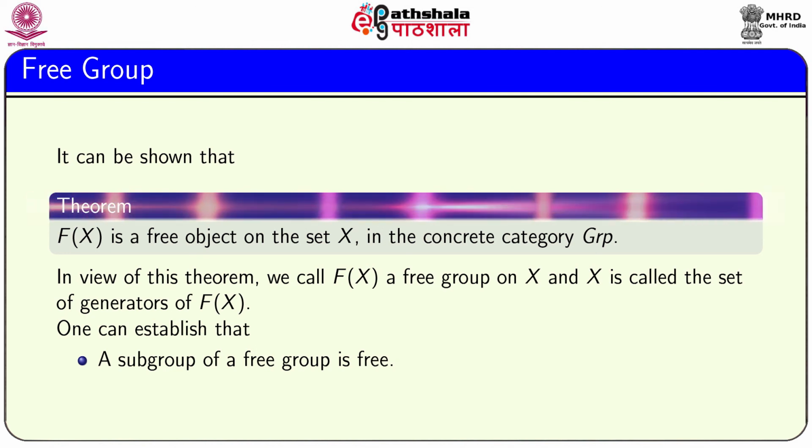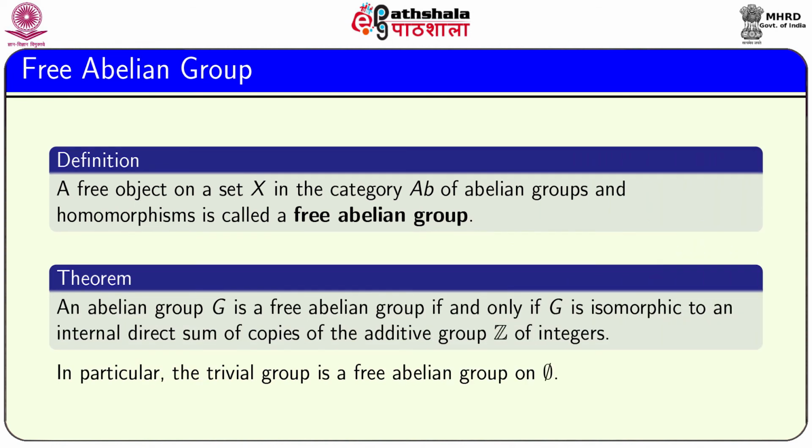One can also establish that a subgroup of a free group is always free. In a similar way, a free object on a set X in the category AB of abelian groups and homomorphisms is called a free abelian group.